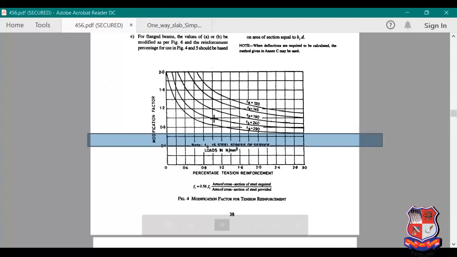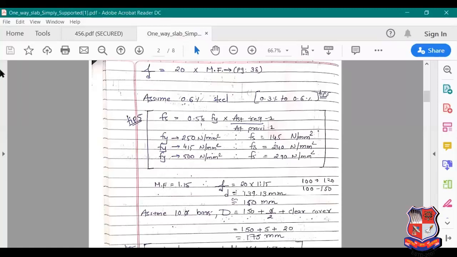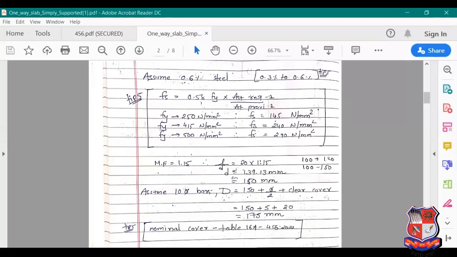Let's take this curve on this side, and this side would be this one. So we are assuming 0.6 percent steel. So the modification factor would be 1.15. It is as simple as that. You can take a round figure for that.